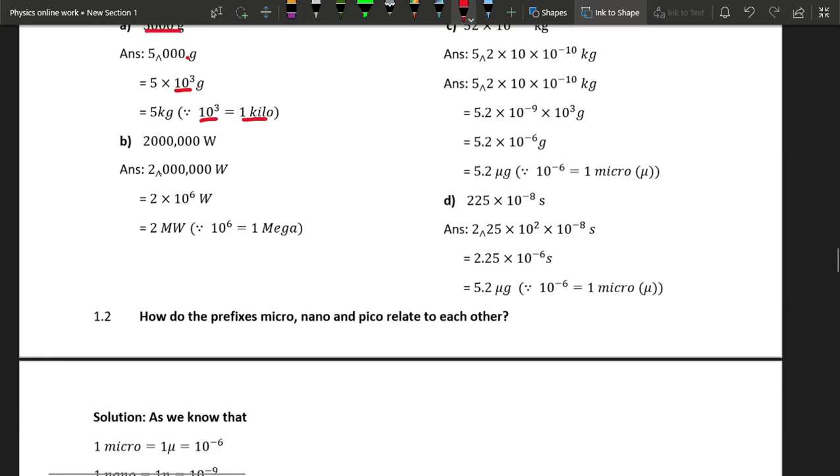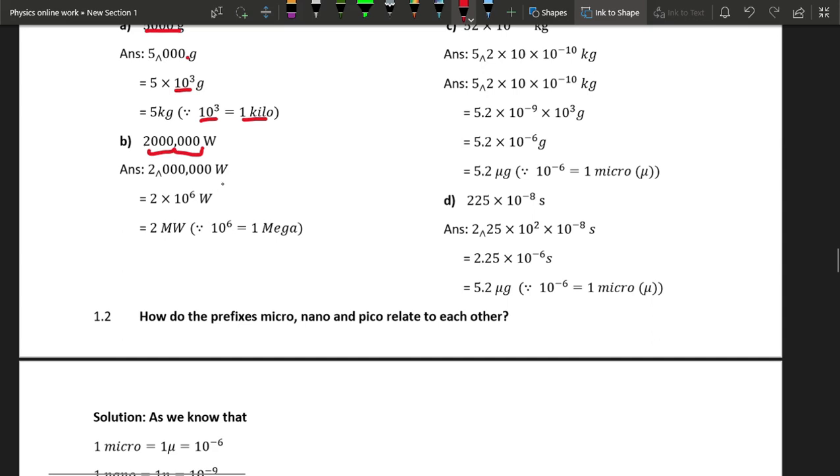Now we have 2000000. The decimal point is at the end, and we can move it up to 3 digits or 6 digits. We cannot move between 3 and 6, because we have prefixes for 10 raised to power 3 or 10 raised to power 6.